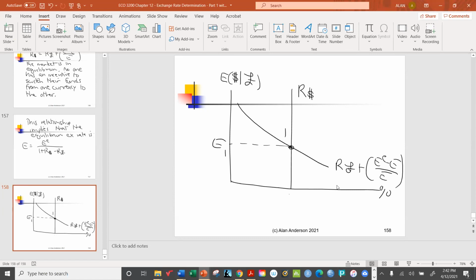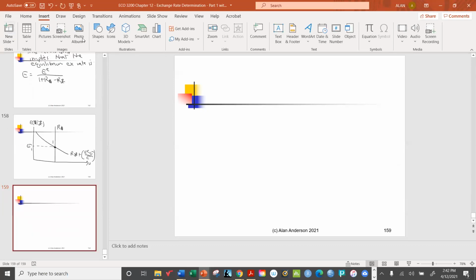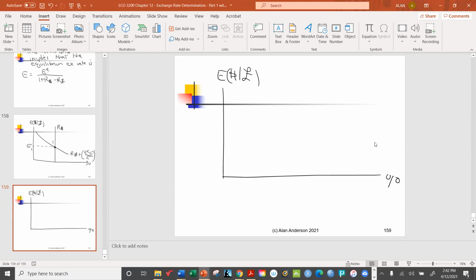Now, what happens if one of these factors changes? All right, well, there's three things that can happen with this framework. Okay, so we have, in the first case, what happens if the US rate of interest changes?